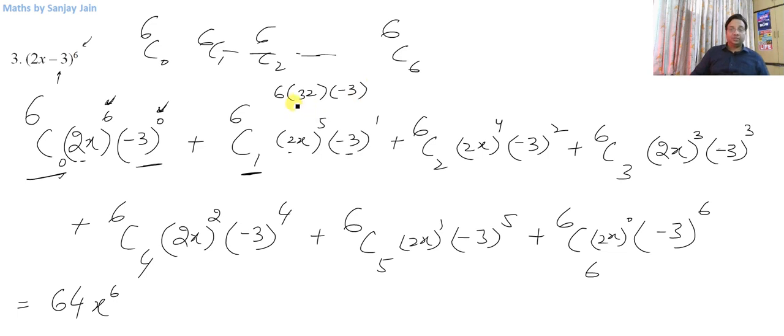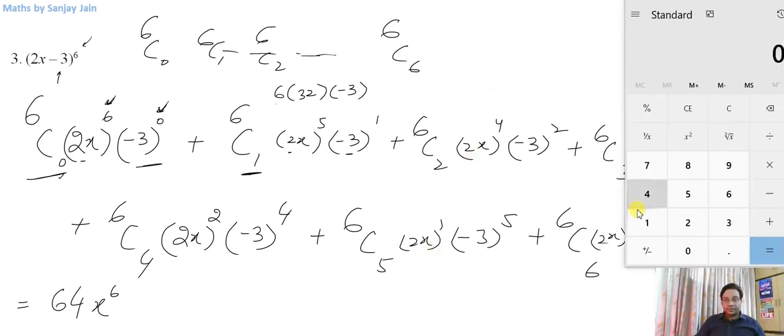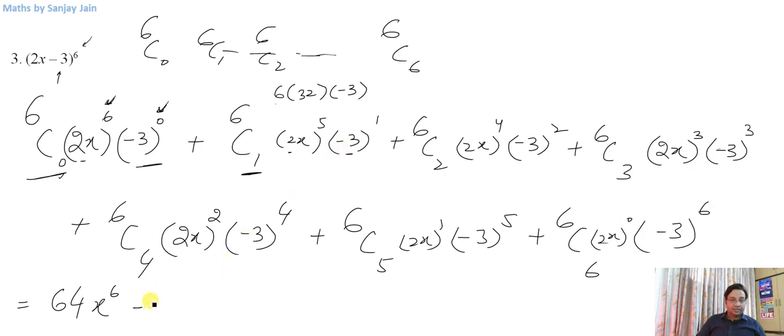So what is this calculation? This is minus 18 into 32. What is 18 into 32? It is 576. And this is minus 3, right? So minus 576 x raised to power 5.